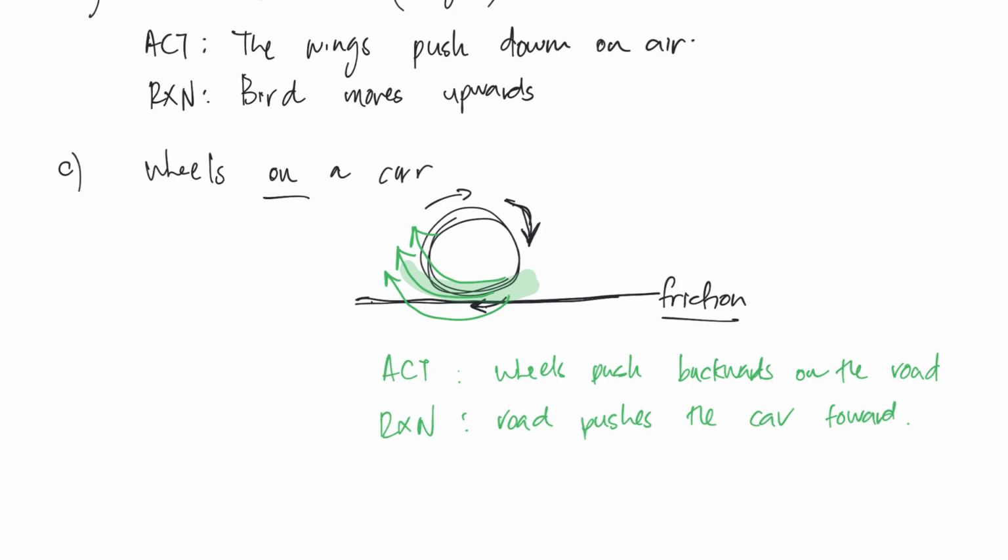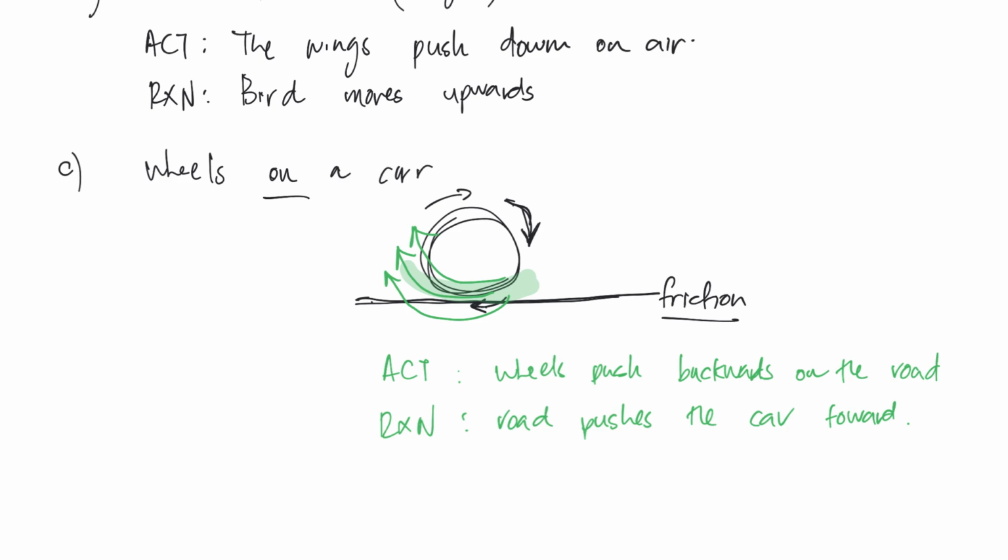So you can do this with your feet as well. Watch when you're walking. Your legs or your feet are moving backwards. They grip onto the ground and they move backwards, and your body propels forward. So that is your action-reaction pairs.